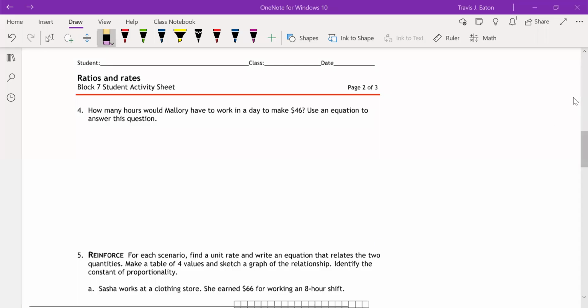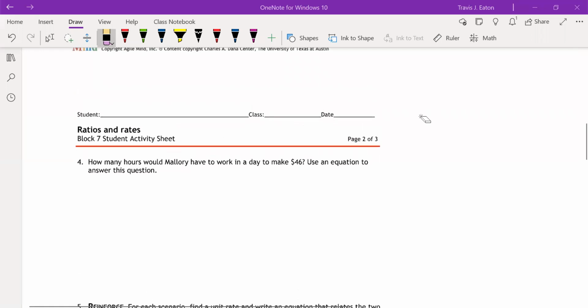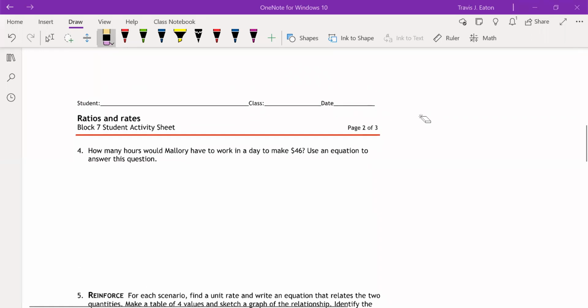All right, so the next question is, how many hours would Mallory have to work in a day to make $46? Oh, use an equation to answer this question. Well, there are a couple of equations that we could use. We have this one. Remember, there was the amount of money that she makes is equal to 1150 times X, right?